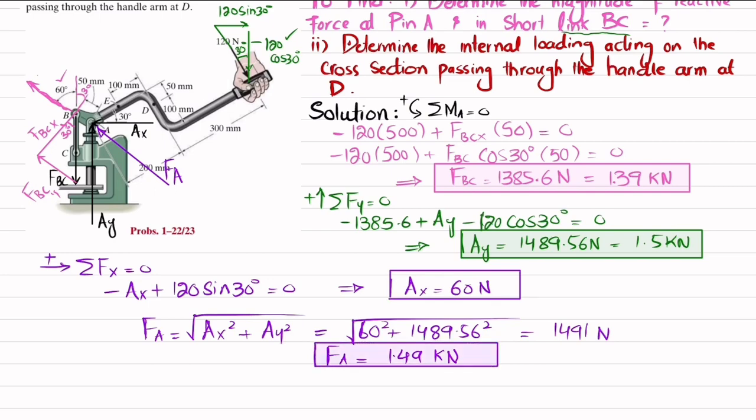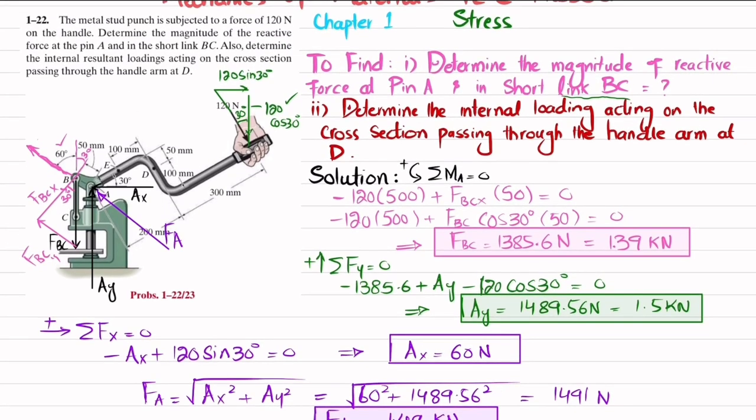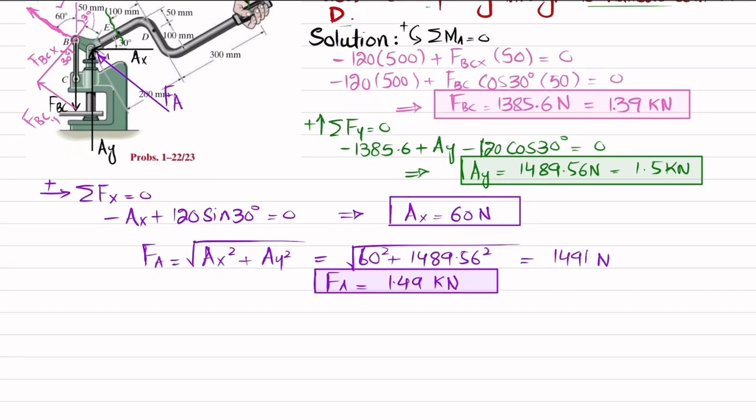Okay. Now in the second part, we have been asked to determine the internal loading acting on the cross section passing through the handle arm at D. So for that we will cut the beam over here at D, and we will draw the free body diagram. So the free body diagram will be like this one.